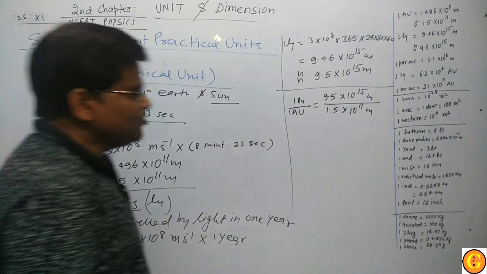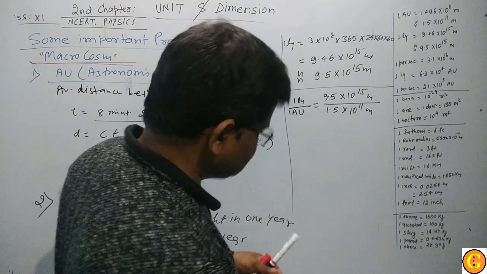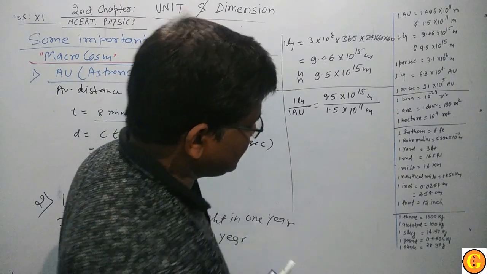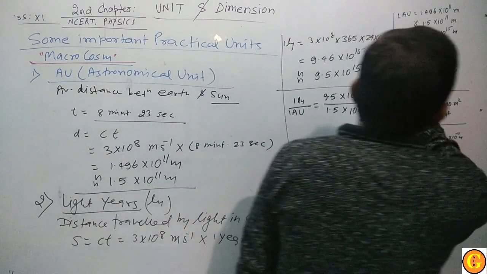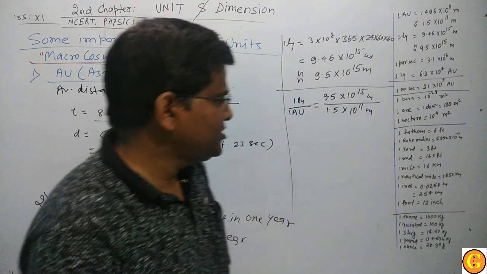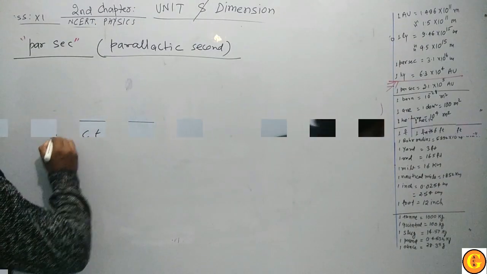If you divide this, you get approximately 1 light year equal to 6.3 into 10 to the power 4 astronomical units.